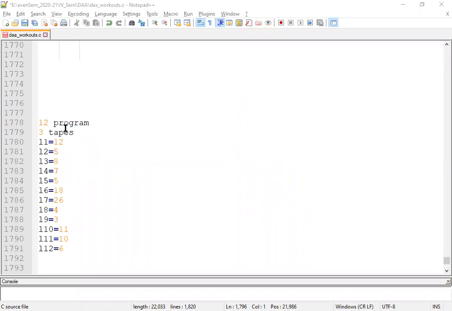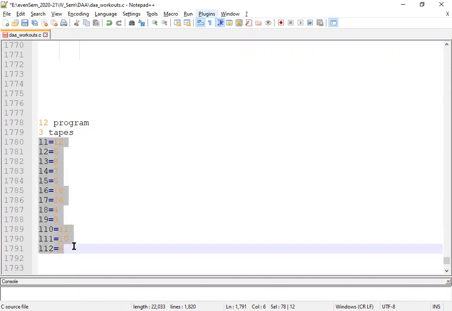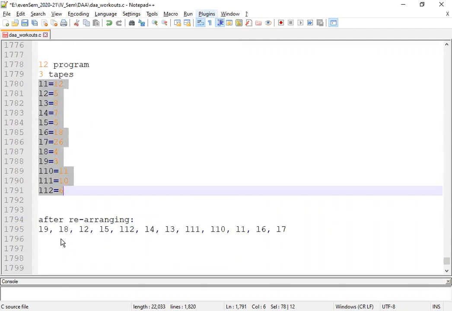So let us take another example, students. Here we have 12 programs and 3 tapes. So the lengths of all those 12 programs are like this. First step is that we need to rearrange them in ascending order. So after rearranging them in ascending order, we get the programs in this order.